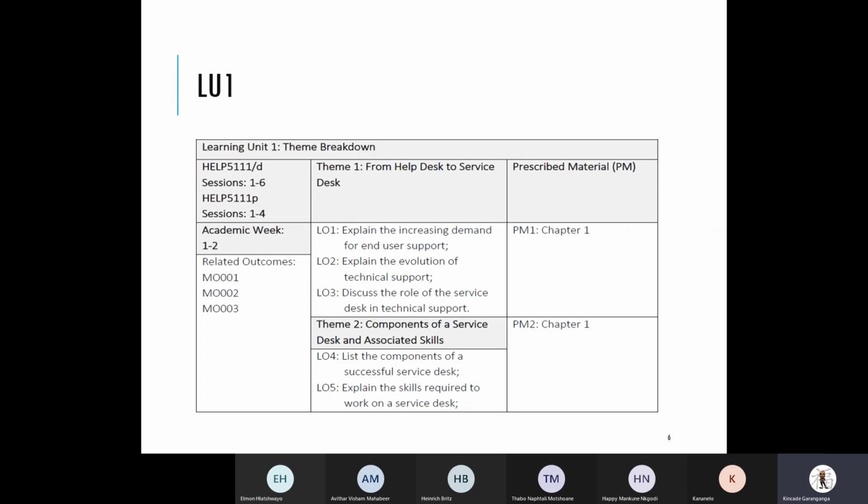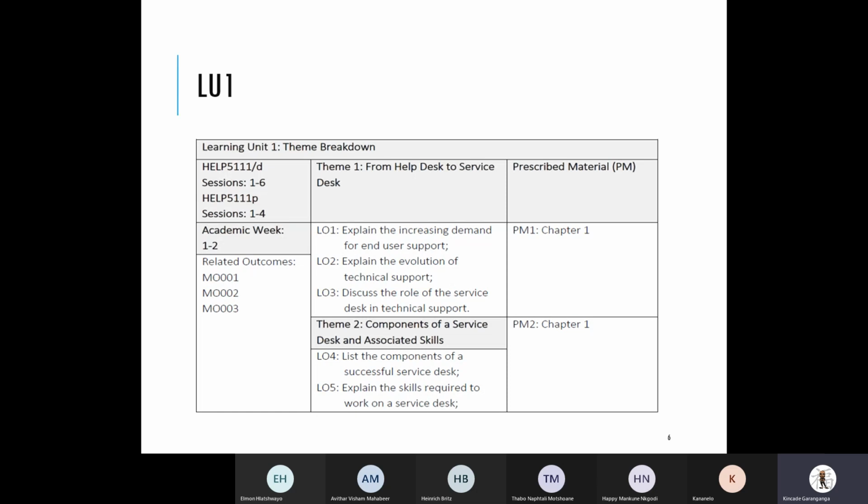Right. So as far as learning unit 1 is concerned, remember we mentioned that you've got about 8 learning units. What we're going to be concentrating on today is the first learning unit, looking at the whole idea of what a service desk is all about. So, a basic introduction to service desk concepts.